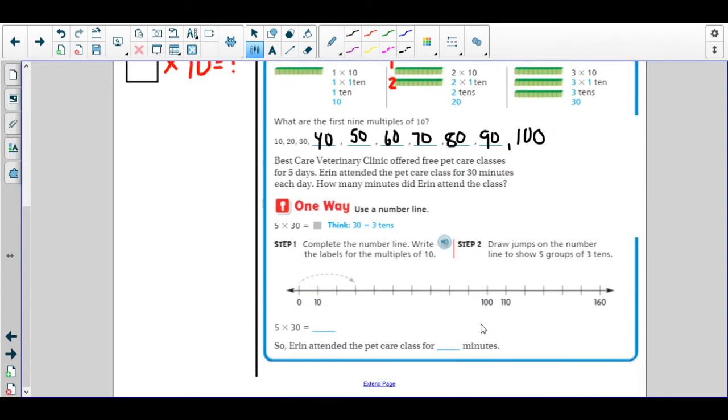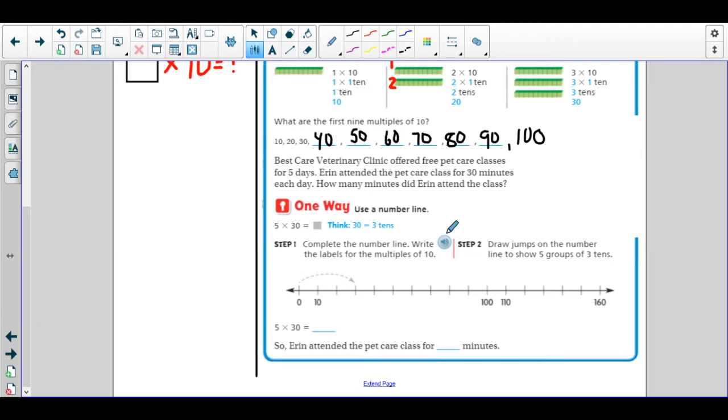All right, so let's take a closer look and see how we can use this information. Best Care Veterinarian Clinic offered free pet care classes for 5 days. Aaron attended the pet care class for 30 minutes each day. How many minutes did Aaron attend the class?